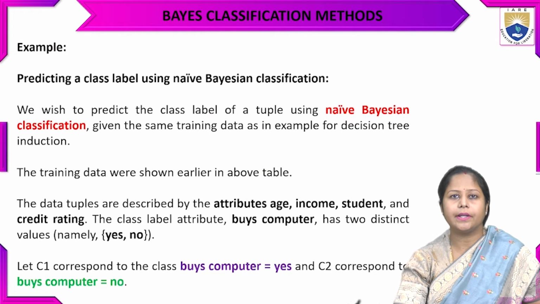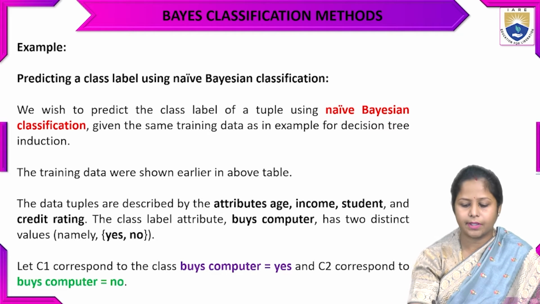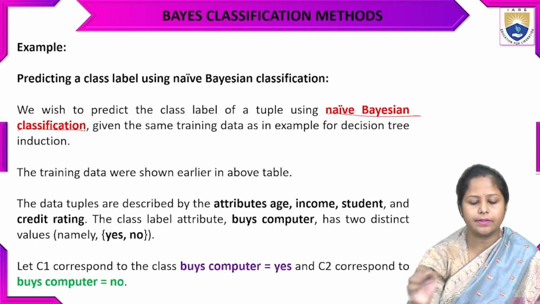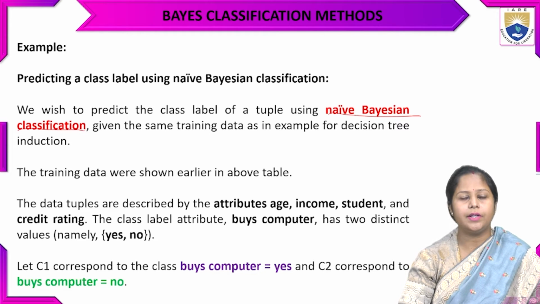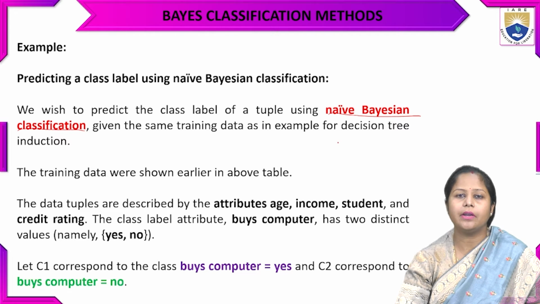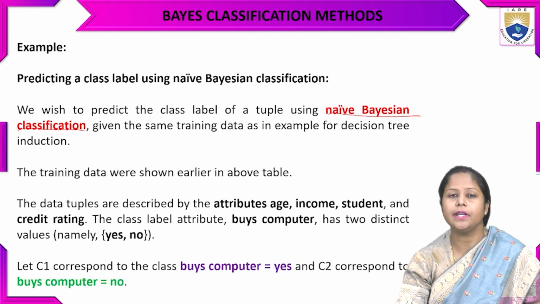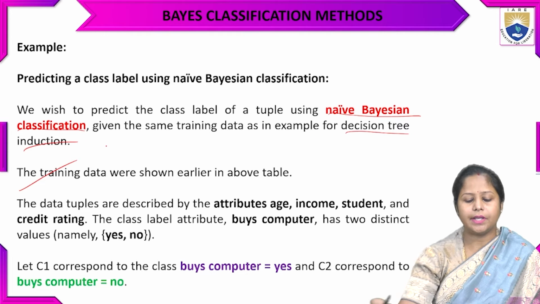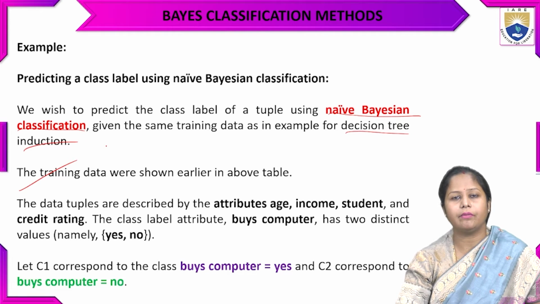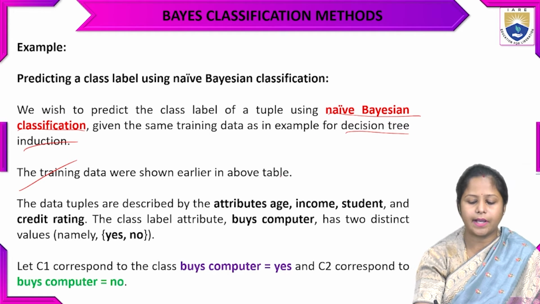For example, predicting a class label using Bayesian classification, we wish to predict the class label of a tuple using Bayesian classification. Given the same training data as in the example for decision tree induction, the training data were shown earlier in the table, in the earlier slide.